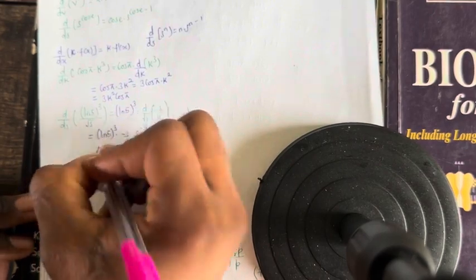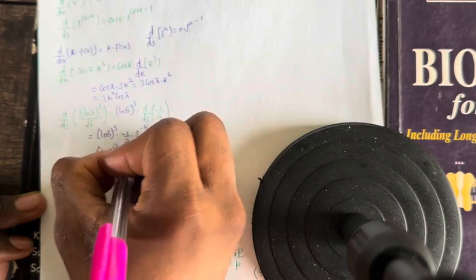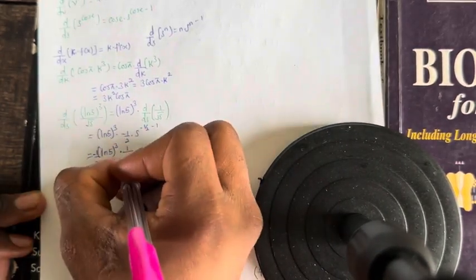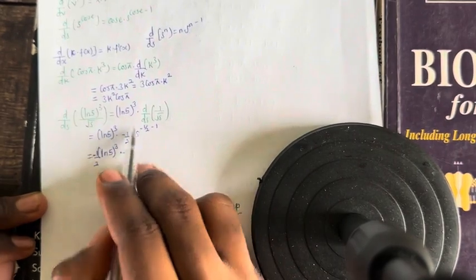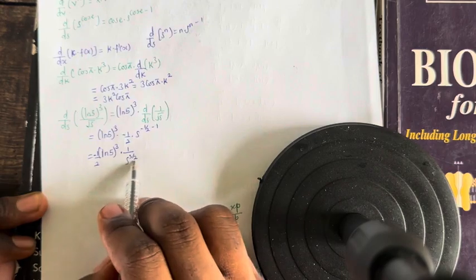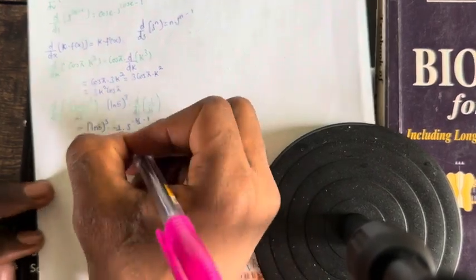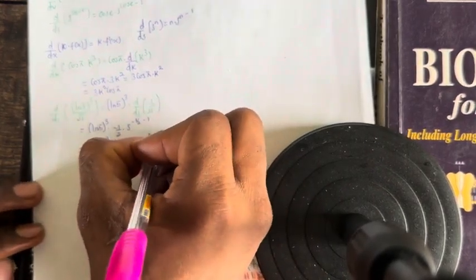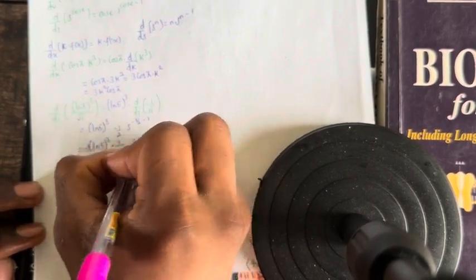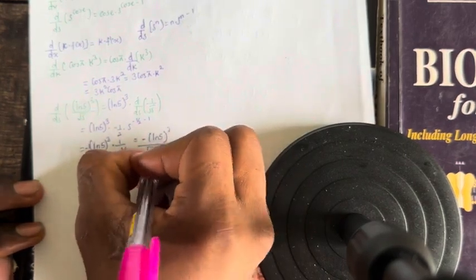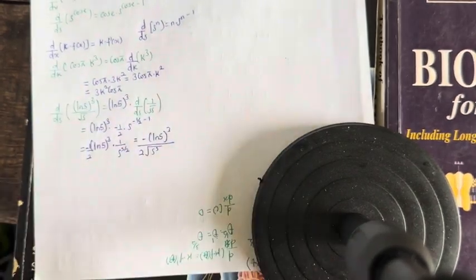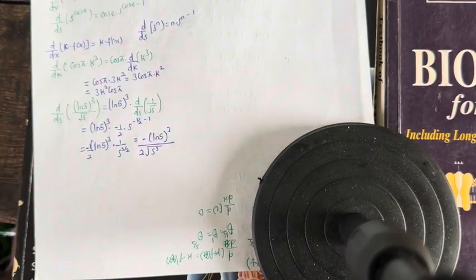Let's bring the minus 1 over 2 here, then bring this down. That's 1 over s to the 3 over 2, because minus 1 over 2 minus 1 is minus 3 over 2. So this is minus ln 5 to the 3 over 2 square root of s to the 3. So that is basically what our answer would be.